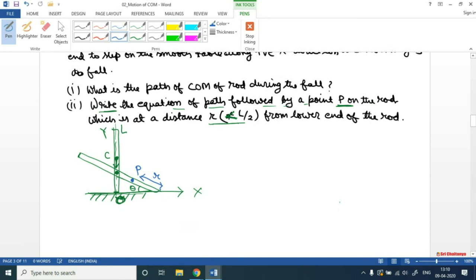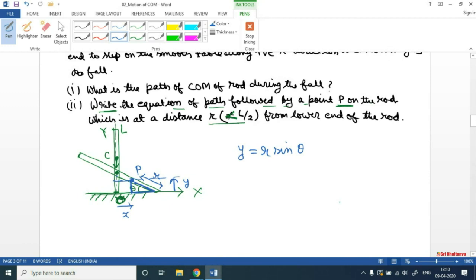So I think it is very easy for us to find out. See, definitely this height would be its y coordinate, and this here would be its x coordinate. Looking at the geometry of this triangle over here, y we can say would be equal to r sine theta.